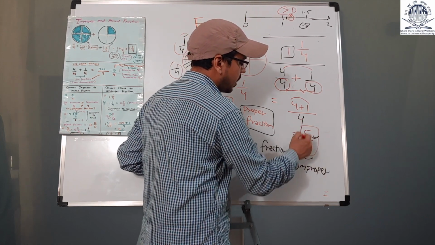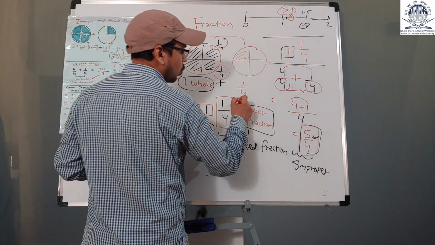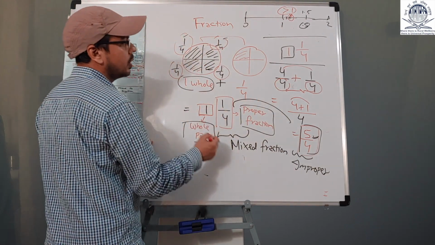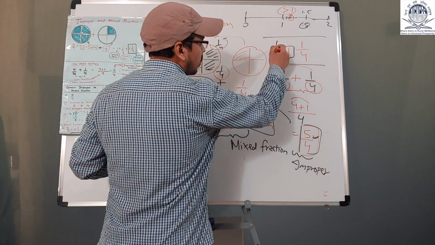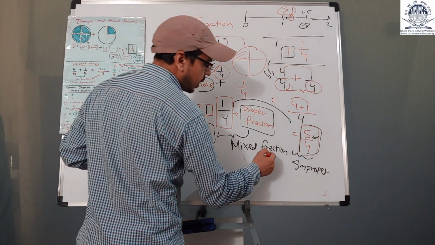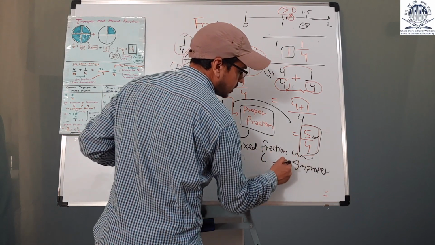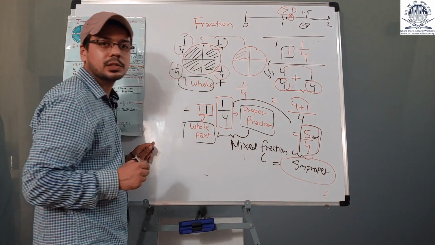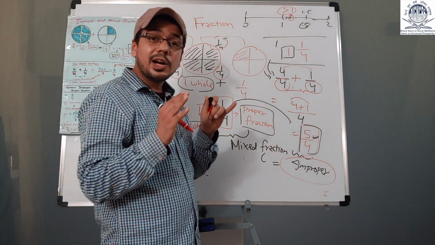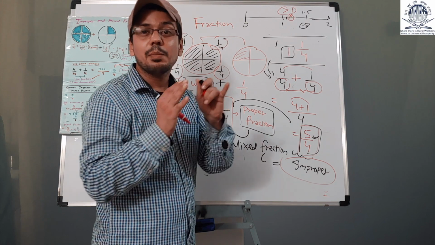Now this 5 by 4 is nothing but equal to 1 and 1 by 4, and why? Because we have given its conversion over here. That's why a mixed fraction when converted will give an improper fraction. So now you understand, when you have mixed feelings, that is improper.